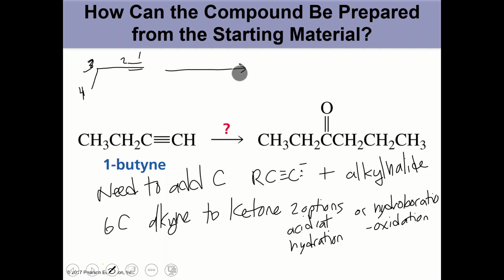I'm going to add 2 carbons, and so in order to be able to add 2 carbons to the butyne, I first need to deprotonate. My reagent for deprotonating is sodium amide, NaNH2. Okay, after I deprotonate, then I need to go from 4 carbons to 6 carbons. So that means I need a 2-carbon alkyl halide.